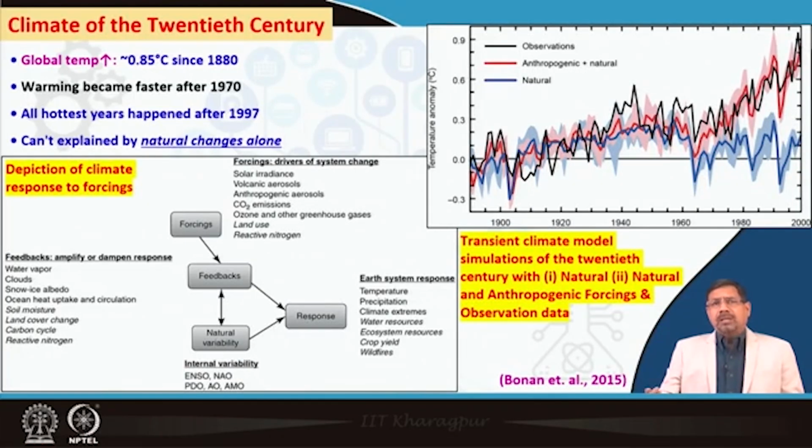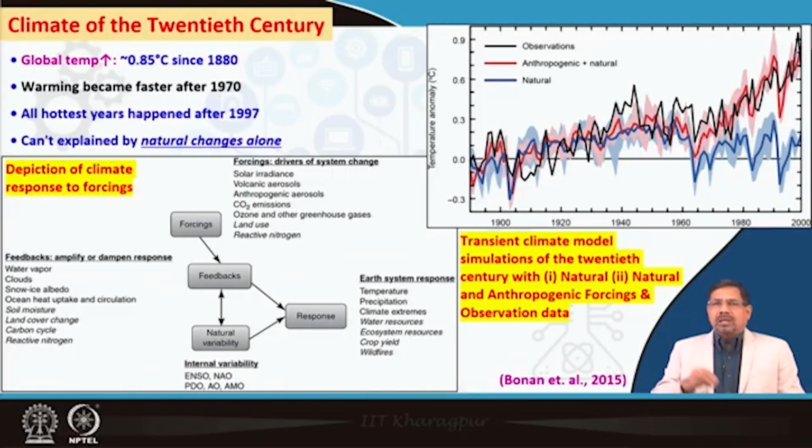If we take a look at the right-hand side figure, it depicts 1882 to 2000, and the red one talks about both anthropogenic and natural, and the blue one talks about the natural. So if we delink the anthropogenic and only take the natural, the blue one, natural causes of climate change explain lesser warming in terms of temperature anomaly.